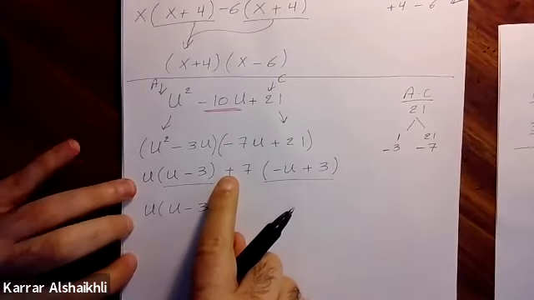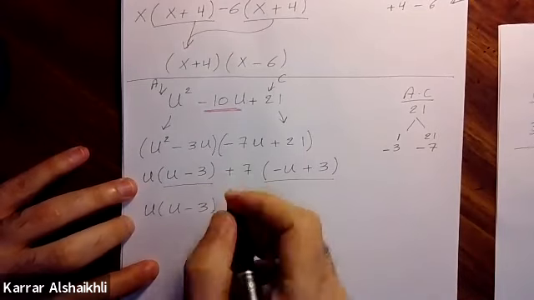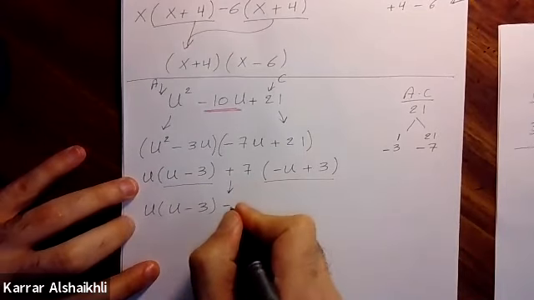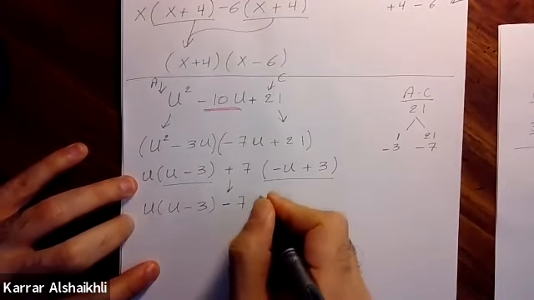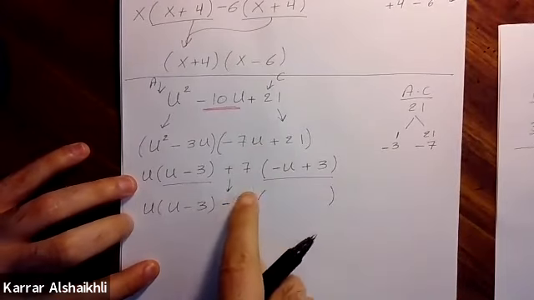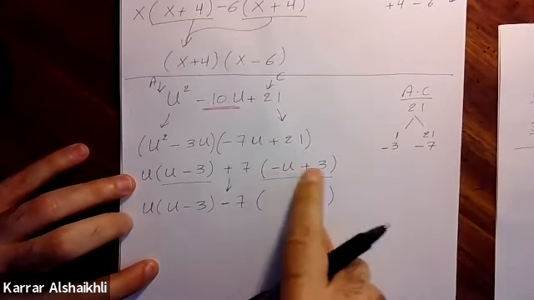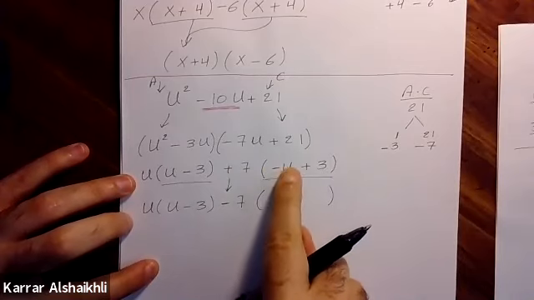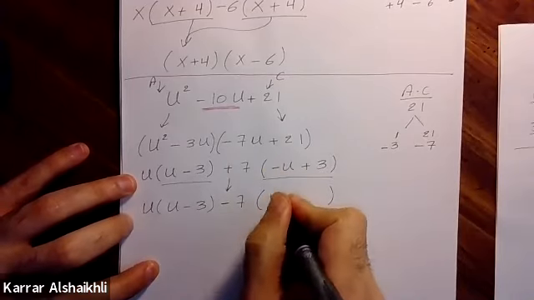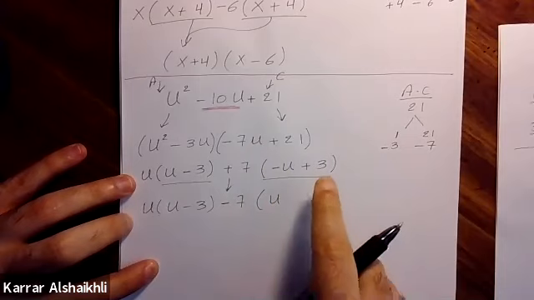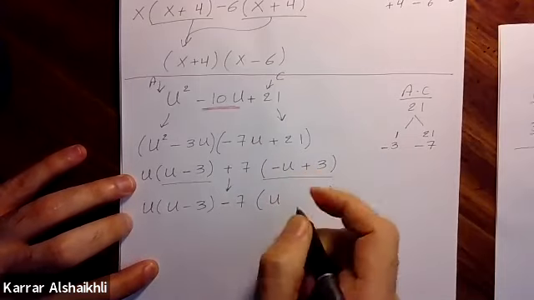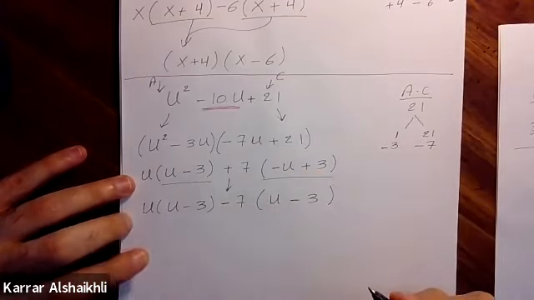I'm going to change this sign from positive to negative, and I'm going to change all the signs here. Negative u is going to be positive u. Positive 3 is going to be negative 3.